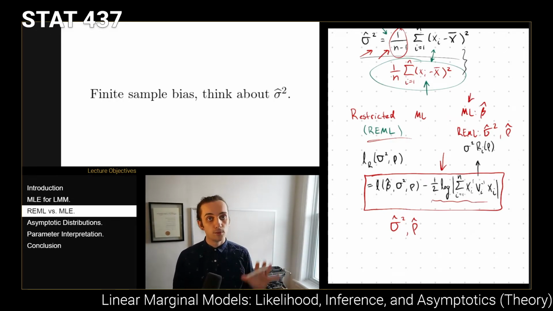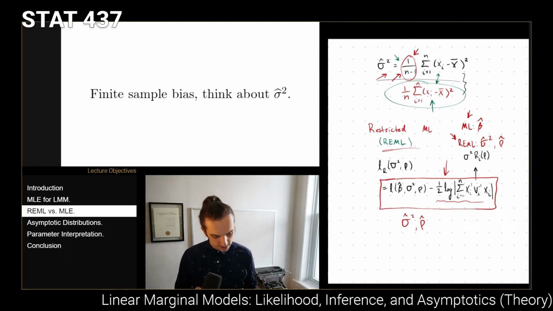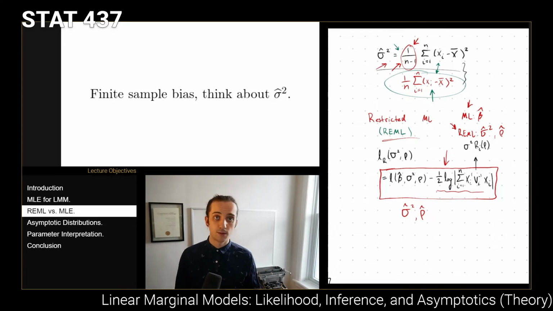When we want unbiased or approximately unbiased estimators, we use the restricted maximum likelihood in those settings. Again, the specific details aren't super important. We'll see when we're implementing them in R that we can just specify restricted maximum likelihood as an option and use that instead of maximum likelihood. That is generally the way we end up estimating these parameters.